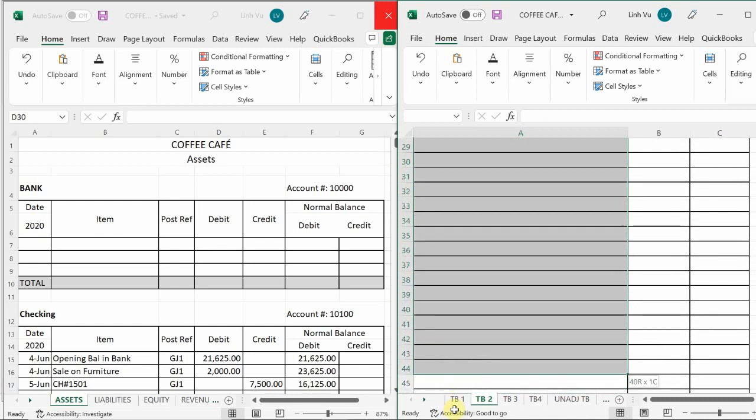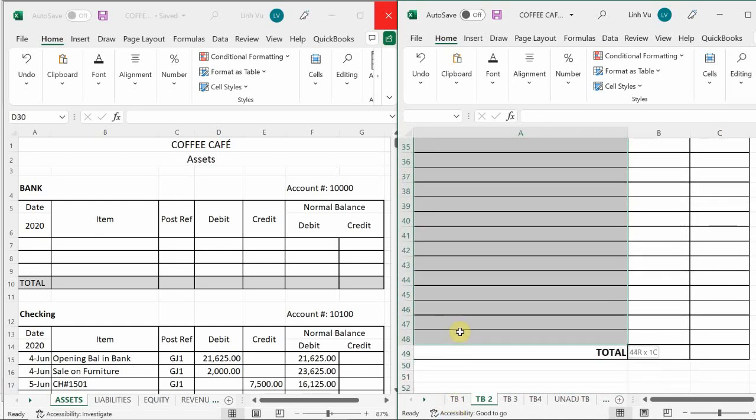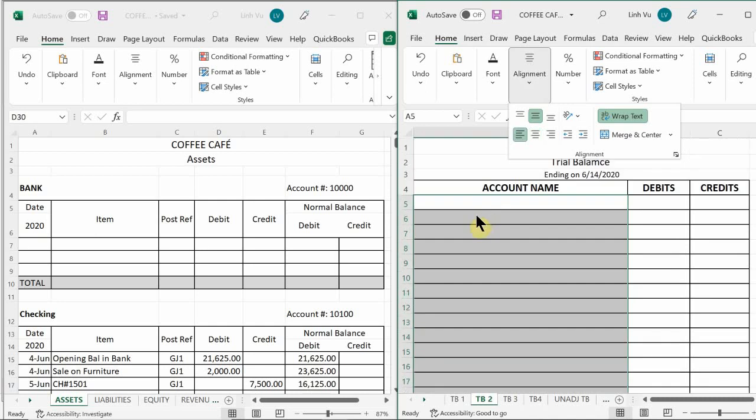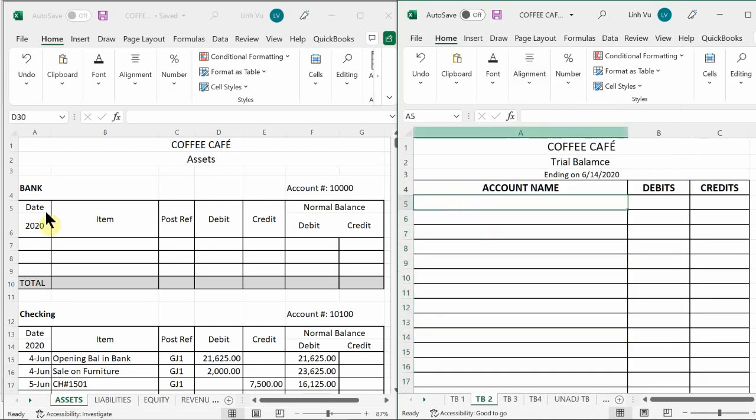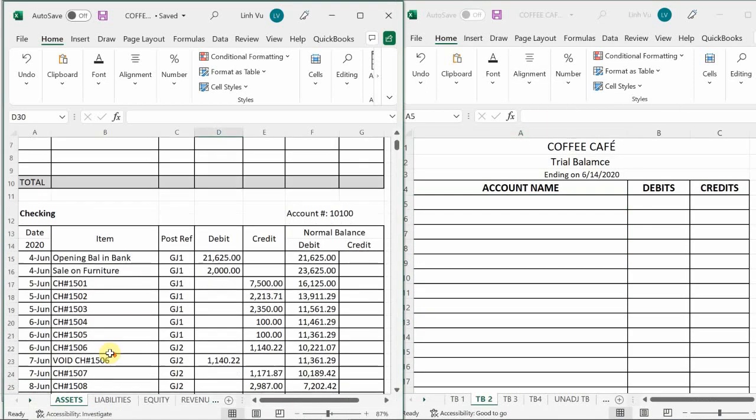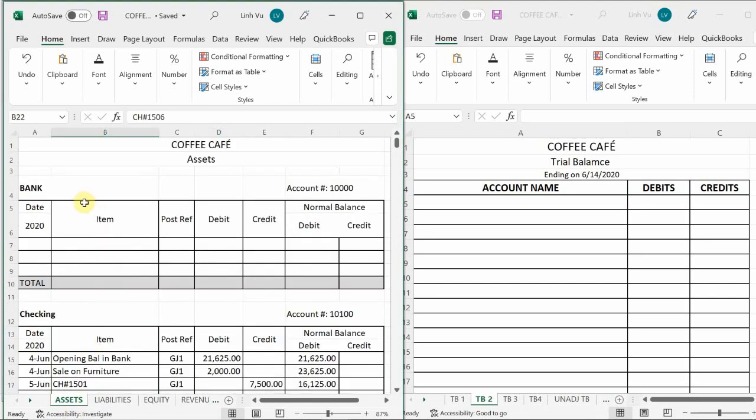So in this case, I'm going to start with the first one, which is your assets. So make sure you save your ledger, okay? First, we're going to start off with our assets.